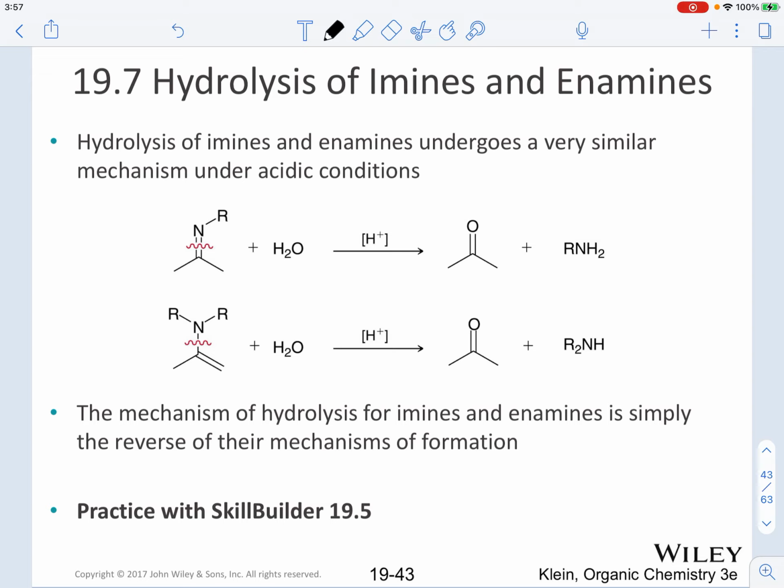Okay, so imines and enamines, as you can see, if you put them in acid and water, are going to regenerate those ketones that we started with. The mechanism for the hydrolysis of imines and enamines is simply the reverse of the mechanism for the formation. So make sure that you practice the mechanism on your own to illustrate the regeneration of the ketone under these conditions.